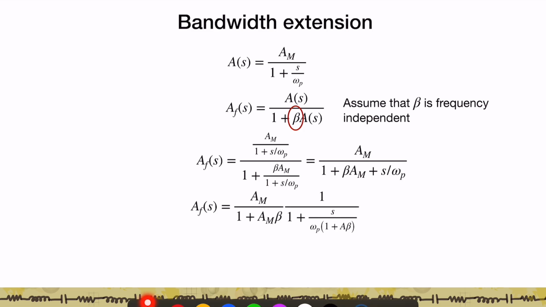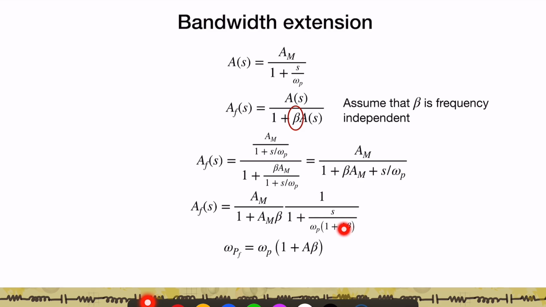And if I regroup the terms, what I see is Af(S) is A_M by 1 plus A_M beta, which is going to be the midband gain of the circuit because of feedback, divided by 1 plus S by omega P into (1 plus A beta). So what's happened now is, because of this feedback, your pole, instead of being at omega P, has now shifted to omega P into (1 plus A beta).